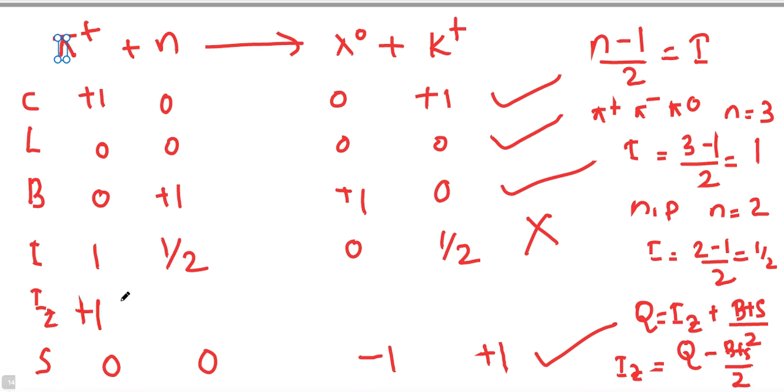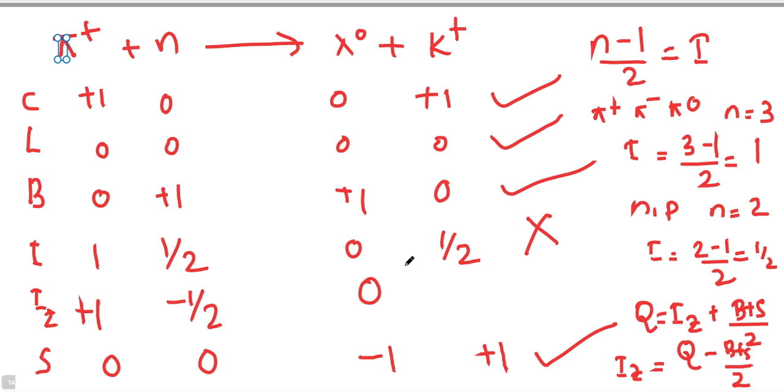Now for n, what will happen? The charge of n is 0. B plus S is 1. So this becomes minus 1 by 2. For lambda 0, this is 0 and for k plus, the charge is, sorry, charge is plus 1.